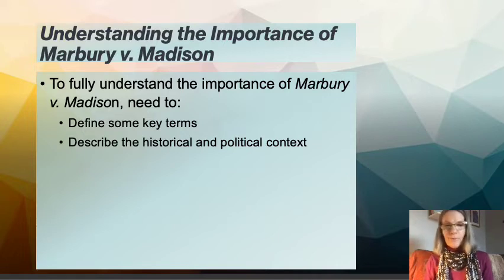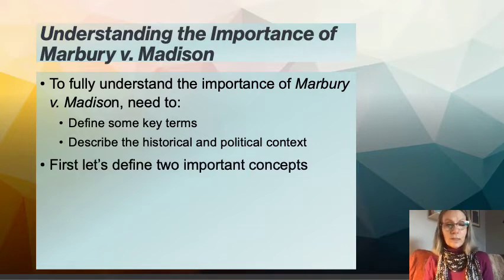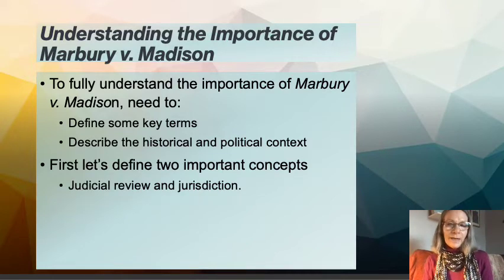As you're going to see from the lecture and also from reading your textbook, to fully understand why Marbury versus Madison is important and why this case actually came about, you have to understand some of the changes that took place in the early 1800s in the United States as it relates to political parties. So first, let's define two important key terms, judicial review and jurisdiction, and then after that, we'll move on to talk about the historical and political context.